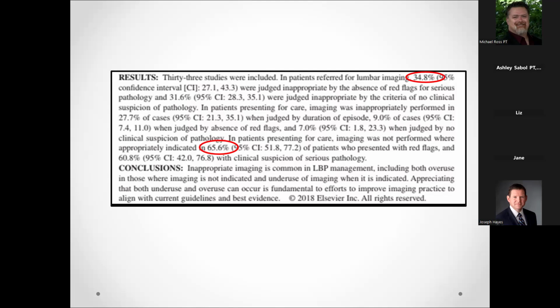That first red circle really speaks to overutilization. If you look at patients who are being imaged for low back pain, this is MRI, about a third of them did not need the scans based upon their history and physical exam. So a third didn't need it. That's the overutilization. And what struck me is the second number, that's underutilization.